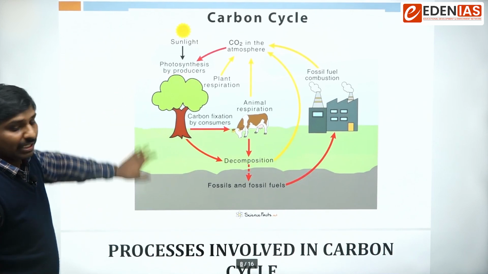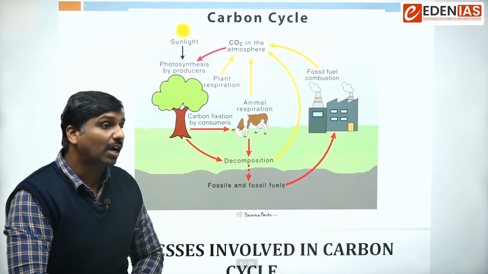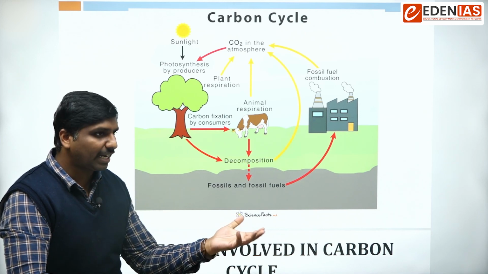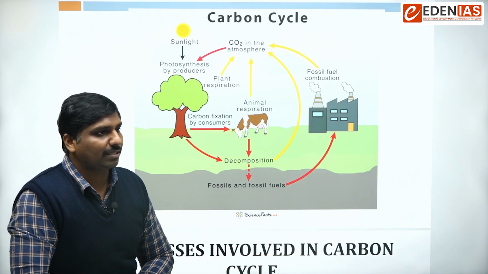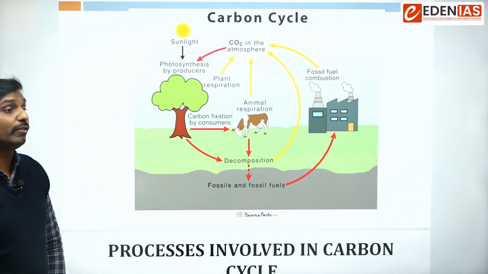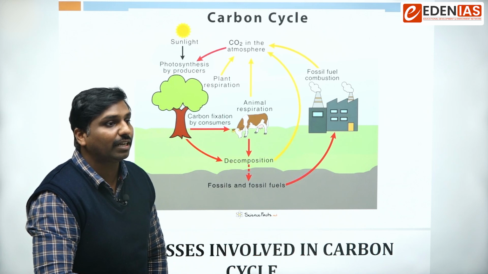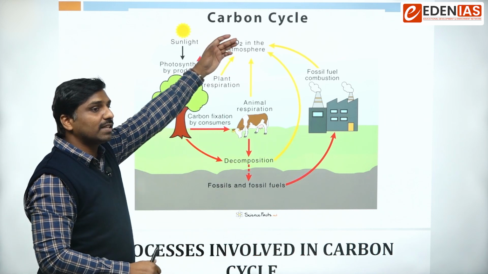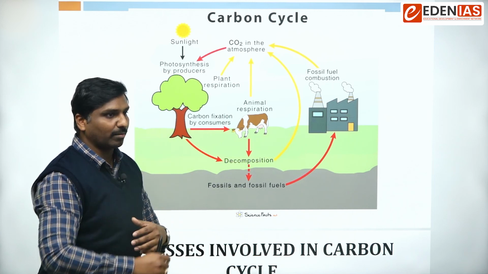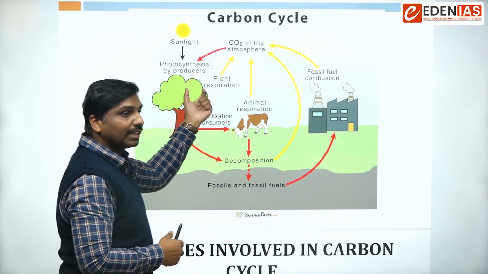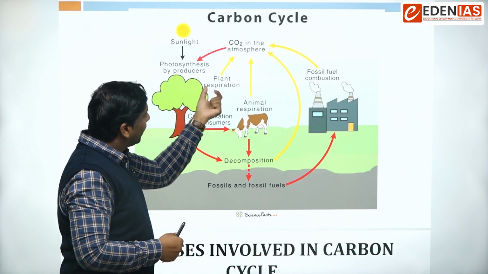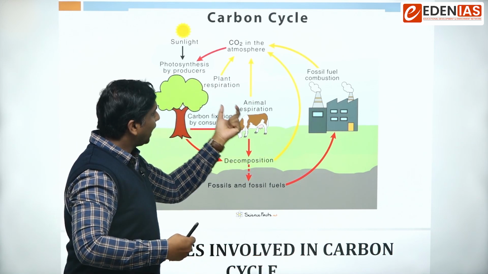In a similar fashion, the next gaseous cycle that we have is the carbon cycle. Carbon is another important nutrient that is required both for plants as well as for animals. Here, how would carbon be circulated and what are the important processes involved? In the carbon cycle, the important processes responsible for release of carbon dioxide, you see all the yellow lines, you can simply remember as plant respiration and animal respiration.